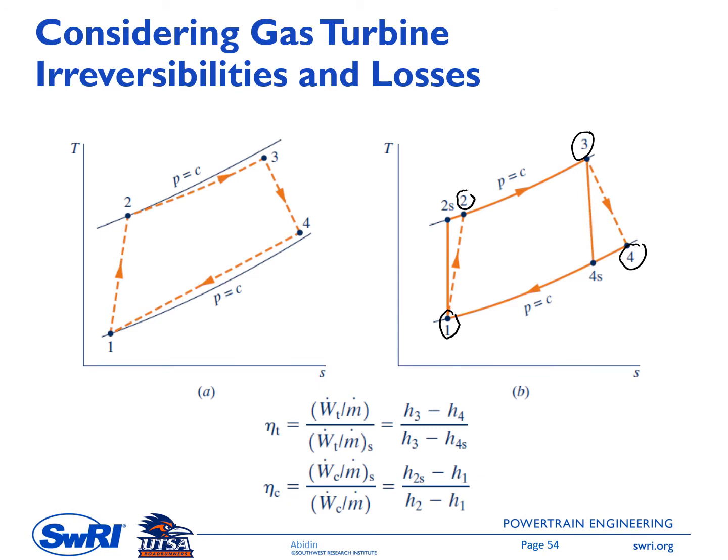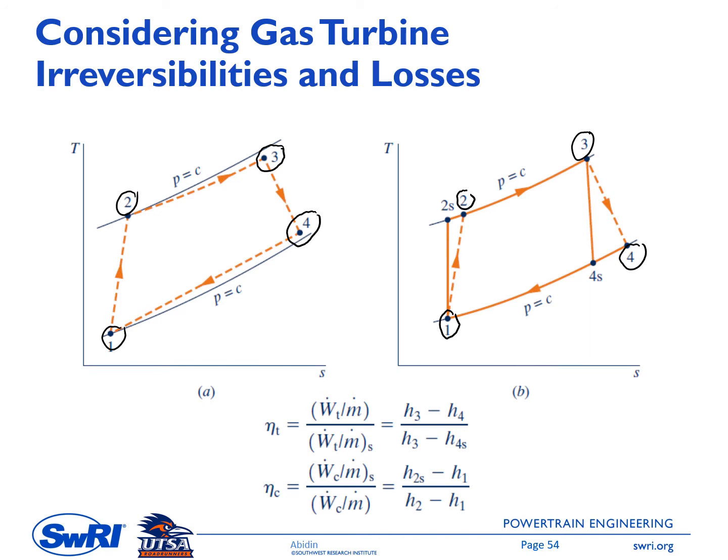And then inside the heat exchanger, you will also have a pressure drop, so P3 will be lower than P2. You see here in the TS diagram on the left side, we have a small drop of pressure here. So P3 is lower than P2, and similarly P4 is higher than P1.